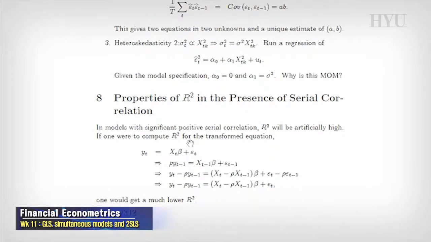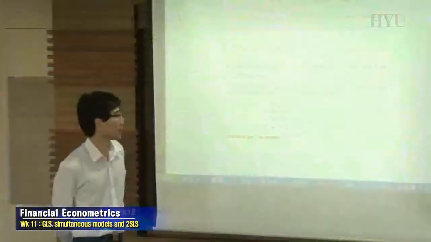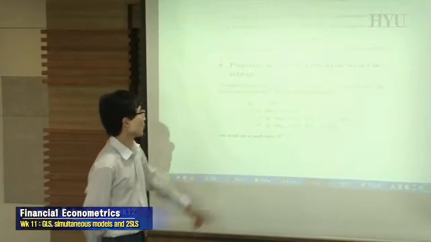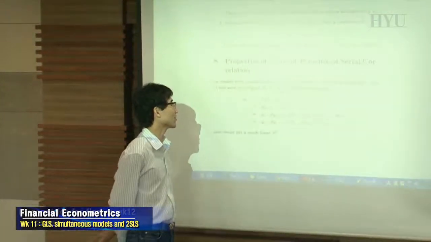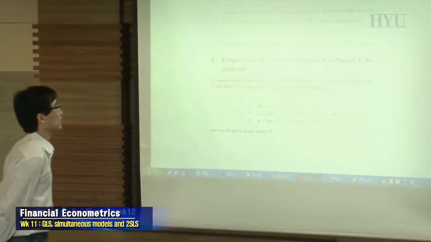And actually, there is a much easier way to estimate the model with serial correlation, which is this. Our model looks like yt equals xt beta plus epsilon t. And we multiply by rho on each side and lag one period, so rho yt minus 1 equals rho xt minus 1 beta plus rho epsilon t minus 1.